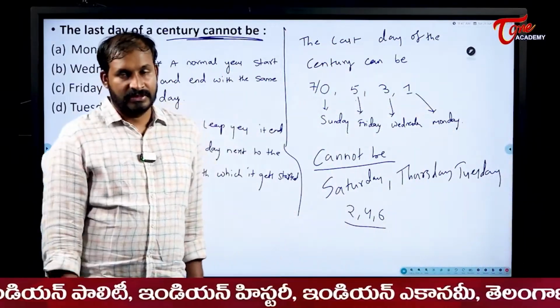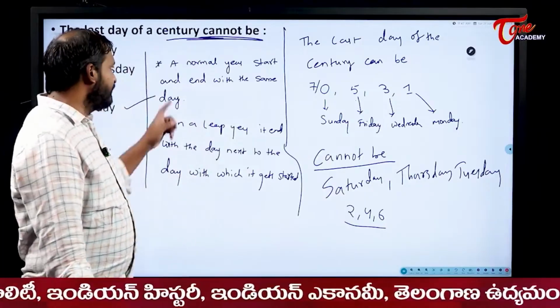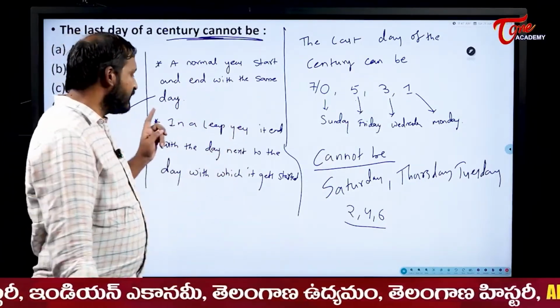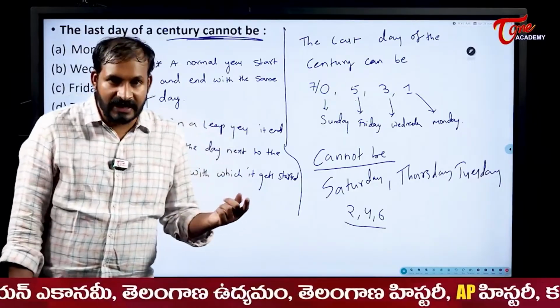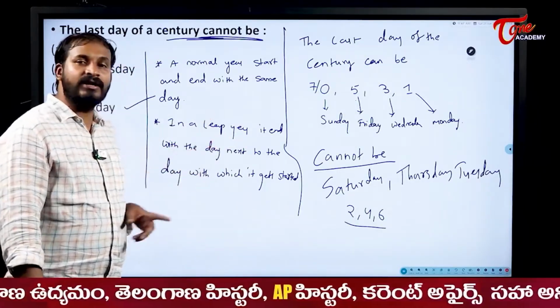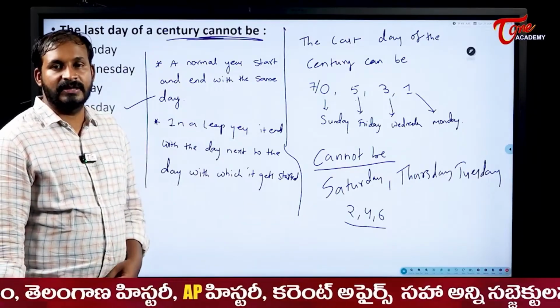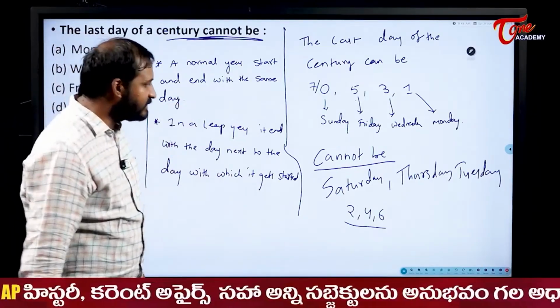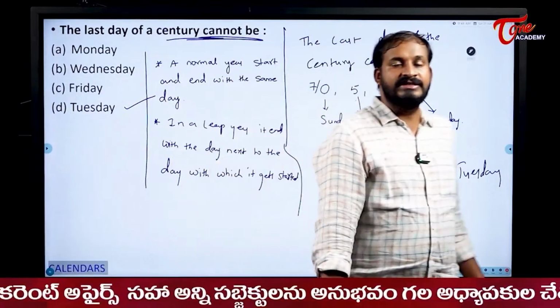Tuesday. Remember this one. If it is a normal year, if it starts with Monday, it ends with Monday. But if it is a leap year, if it starts with Monday, December 31st will be Tuesday. Please keep this in your mind students. There is a high chance of asking these types of things in statements.